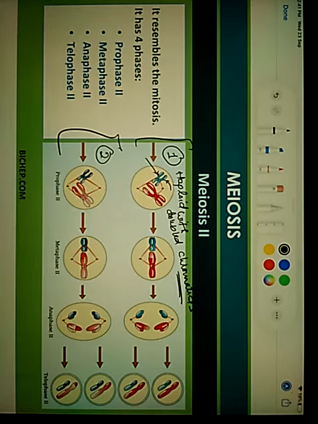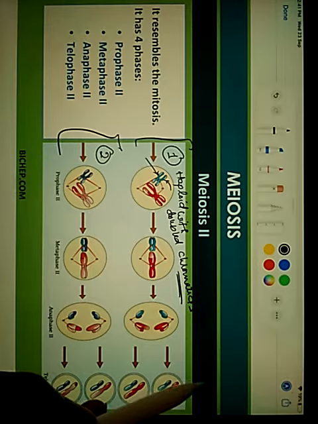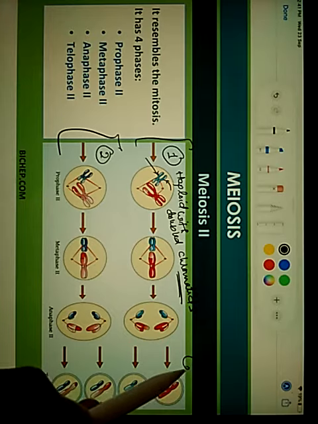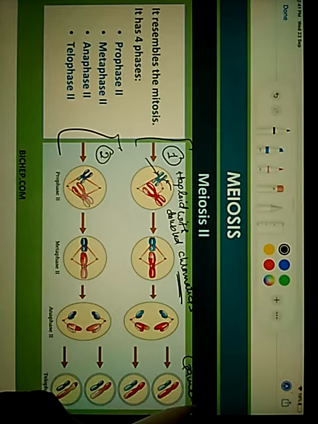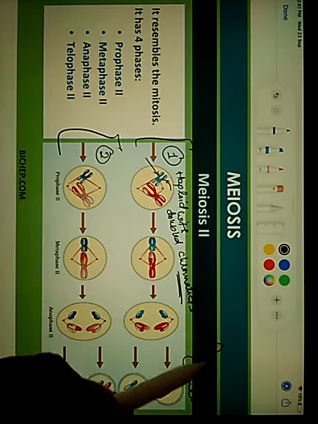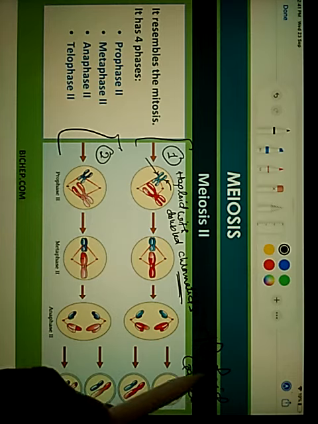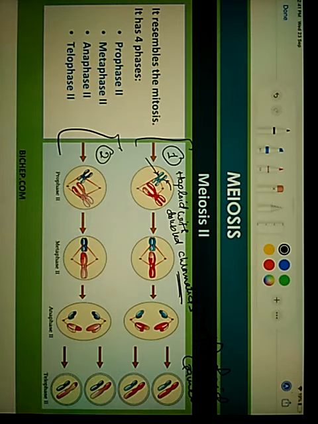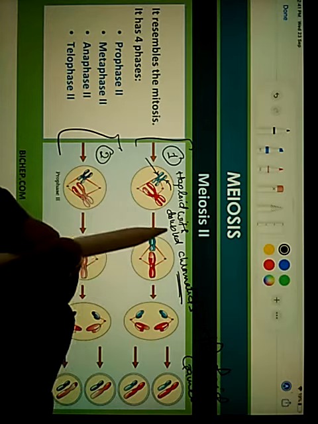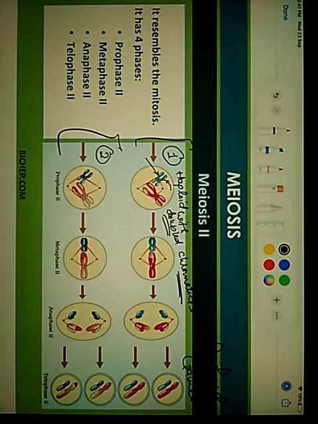Now these chromatids have to be separated and sent into separate cells to produce haploid gametes, which should not contain double the chromatids but a single chromatid.